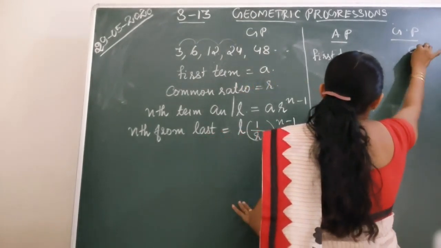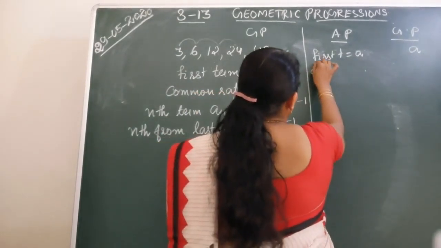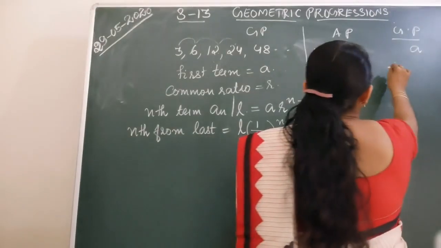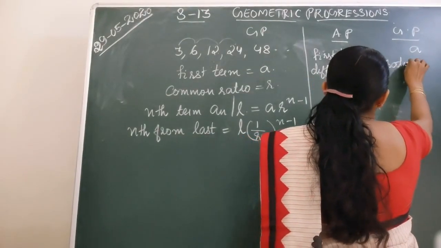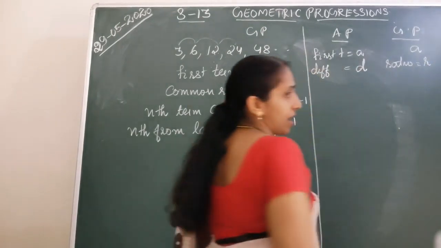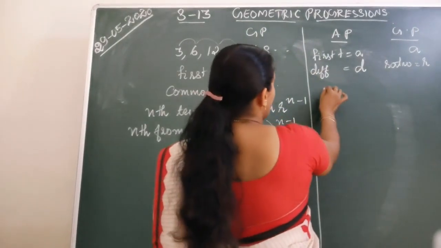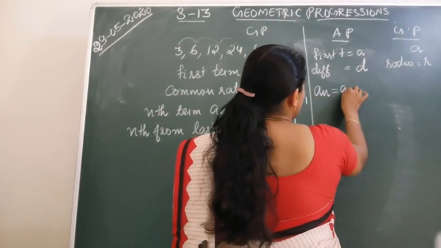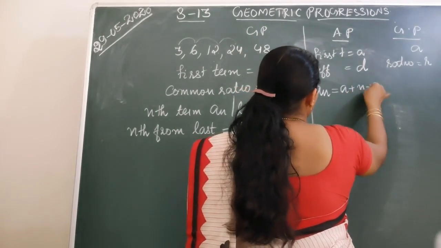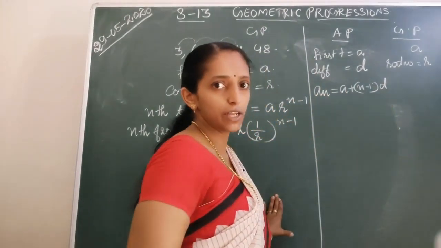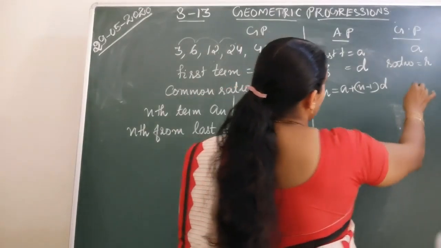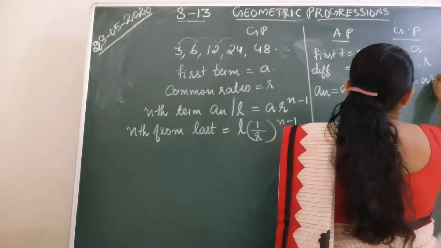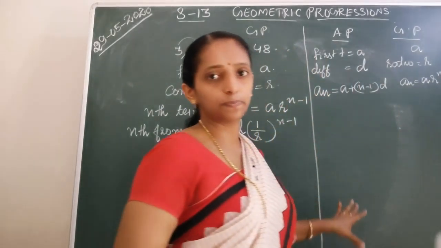Here also the first term is A. And in AP we have a common difference that is denoted by the letter D. But in GP we have a common ratio, therefore that is denoted by the letter R. And if you have to calculate the nth term, A_n, our formula in AP was A plus n minus 1 into D. And here in GP, the nth term A_n will be equal to A into R to the power n minus 1.